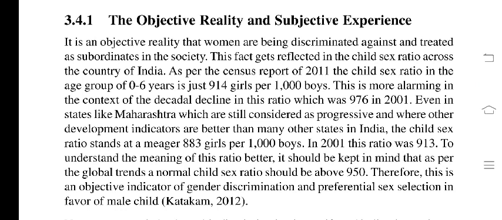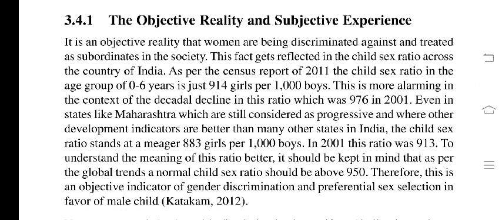Even in states like Maharashtra, which are still considered progressive and where other development indicators are better than many other states in India, the child sex ratio stands at a meager 883 girls per 1000 boys. In 2001, this ratio was 913.